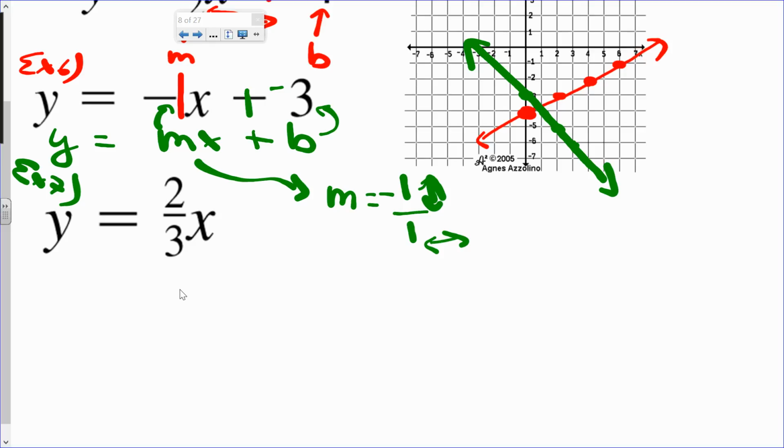I'll write that one down. For example 7, y equals 2/3 x. Let's graph this one.